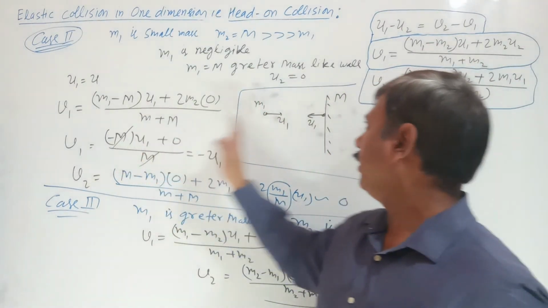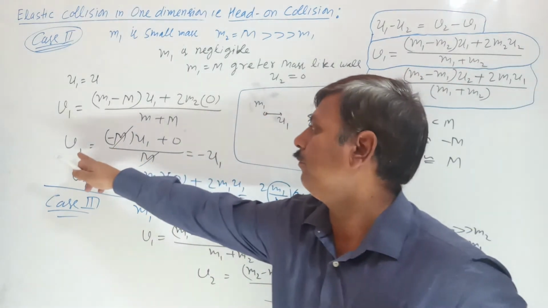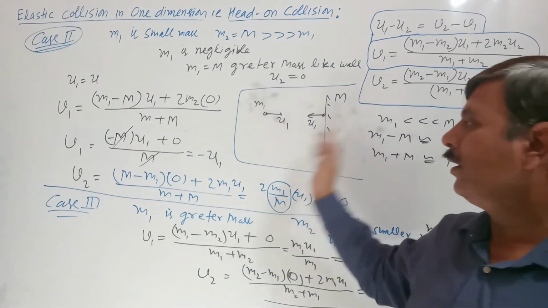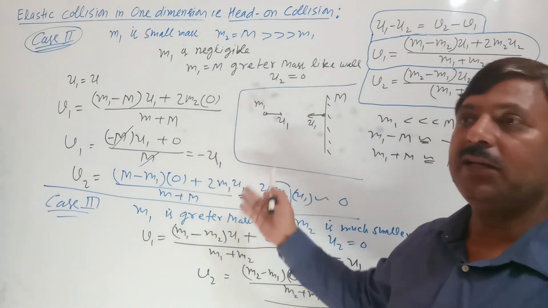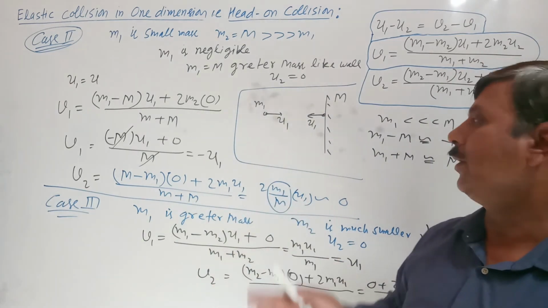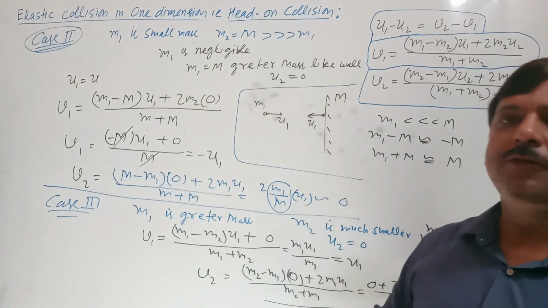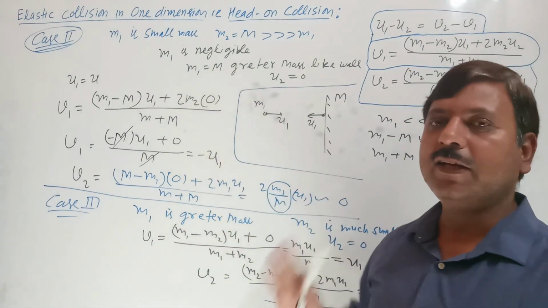For example, if this wall is here, V1 comes out as minus U1, meaning after collision its velocity is U1 in the opposite direction with the same speed. The gaseous molecule will bounce back with the same speed. That is the first condition.